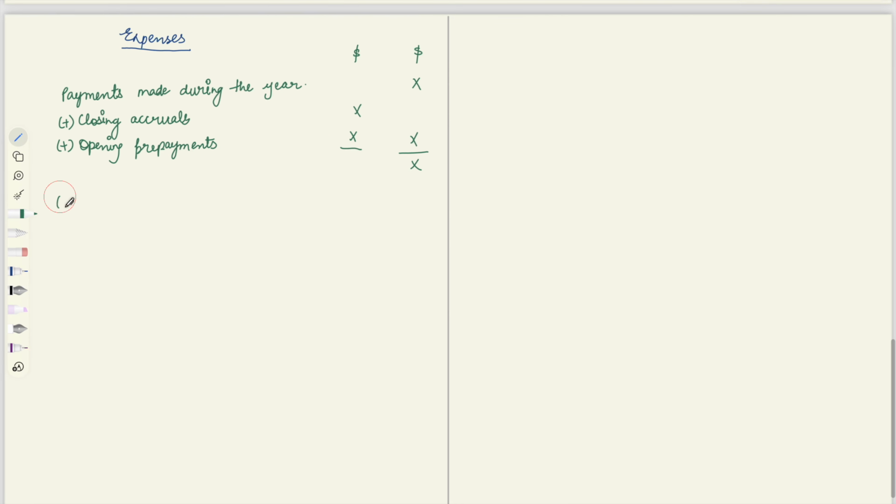And then we will subtract opening accruals and closing prepayments, because these two are the balances which do not belong to the current year, and these two are the balances which belong to the current year but either are not paid yet or were paid last year in advance.